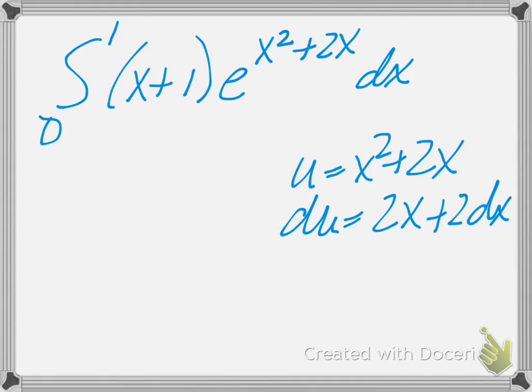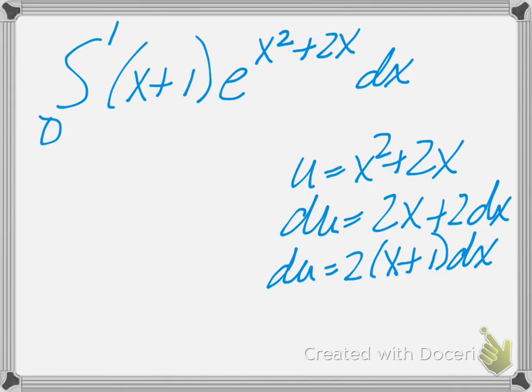It's a little bit tricky. Obviously there's no 2x plus 2 in your original, but what if you factor out a 2? You do have an x plus 1. So if you divide both sides by 2, this is kind of clever, you get that, and we do have an x plus 1 and a dx.